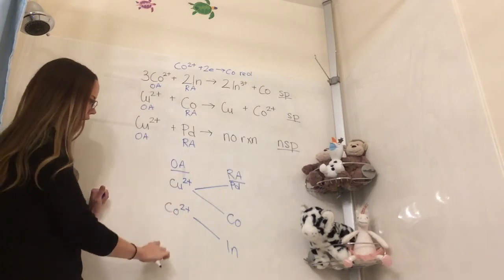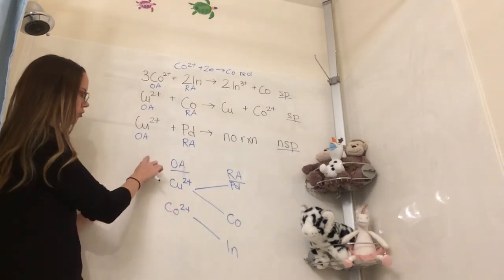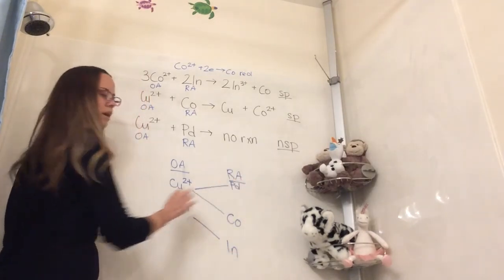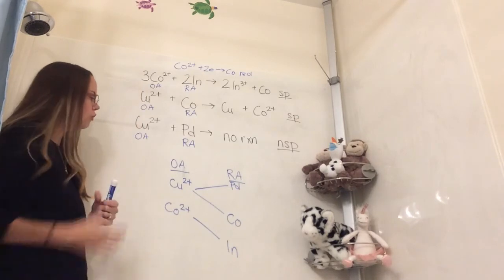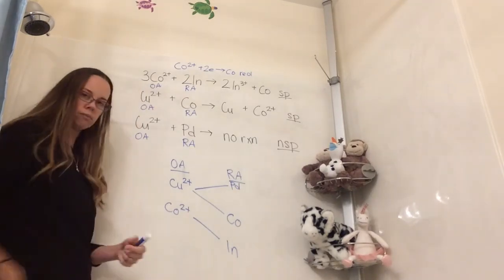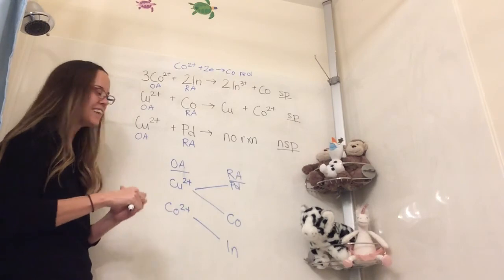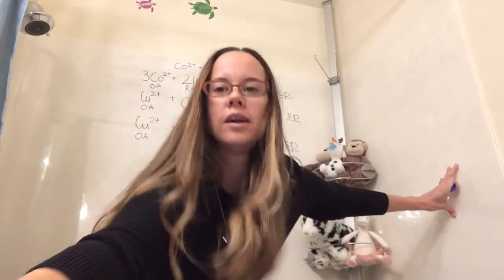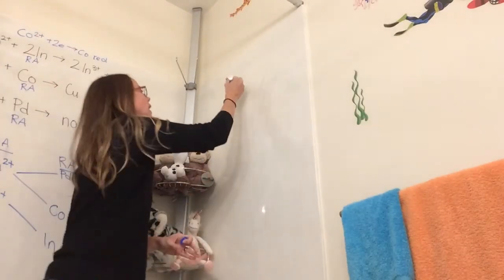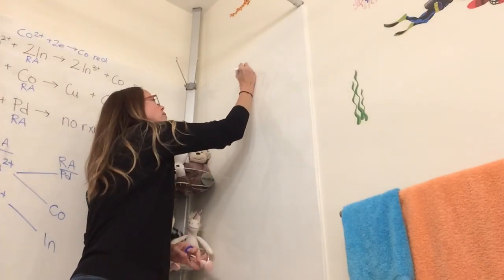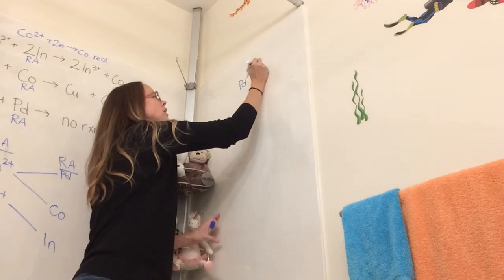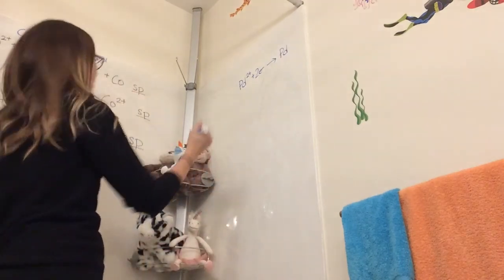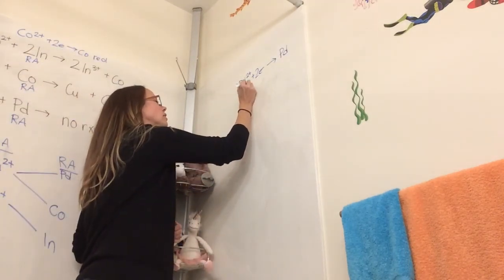So now we can rank our oxidizing agents from strongest to weakest and our reducing agents from strongest to weakest in a table. If we were to draw that out, I'm just going to do it over here so you guys can see. We would have our platinum ion plus 2 electrons giving our platinum solid, and then our copper ion is next.